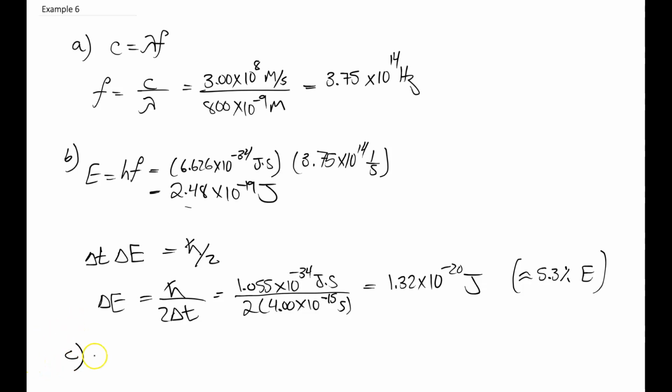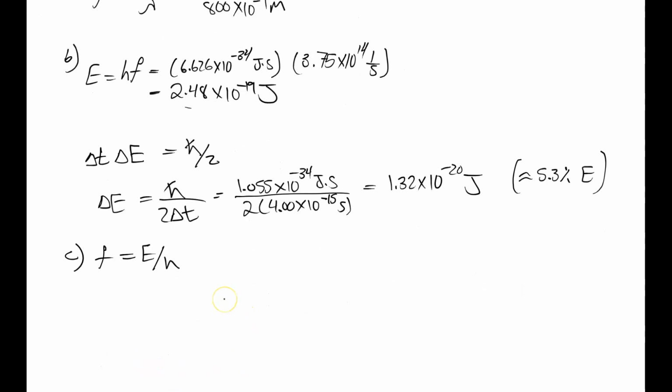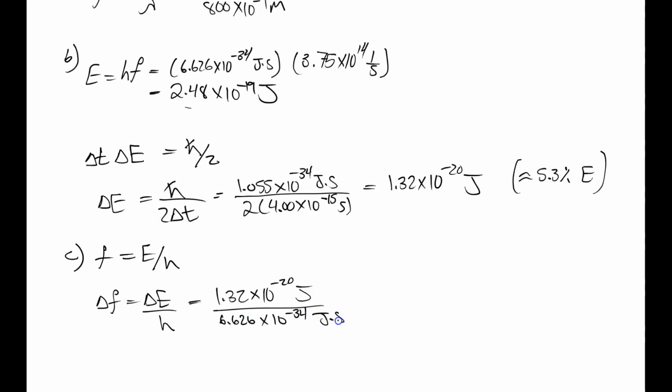In part C, if f equals E over h, right, because the energy is f times h, then we can say that delta f equals delta E over h, or 1.32 times 10 to the negative 20 joules over the Planck constant 6.626 times 10 to the negative 34 joules second, which is 1.99 times 10 to the 13th hertz.